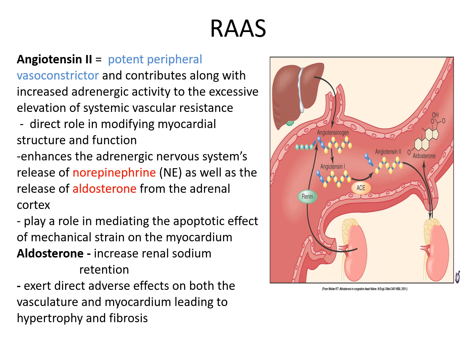Angiotensin 2 enhances the release of norepinephrine, which is also another potent vasoconstrictor, and a release of aldosterone from the adrenal cortex. And aldosterone increases renal sodium retention. With renal sodium retention, there is also increase in volume retention, and it has also a direct adverse effect on the blood vessels and the myocardium, enhancing hypertrophy and development of fibrosis.